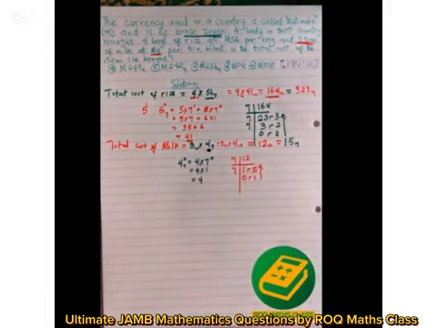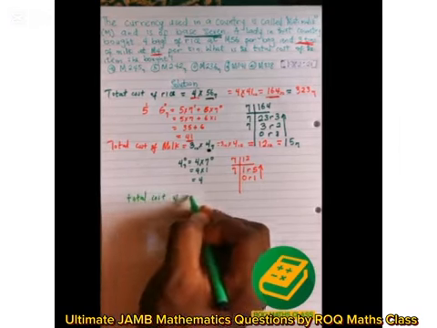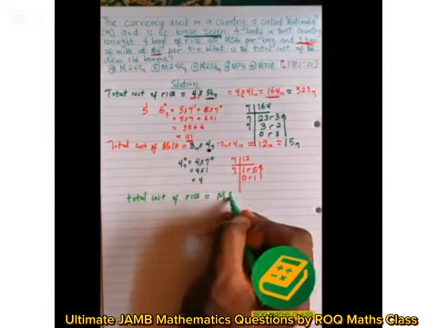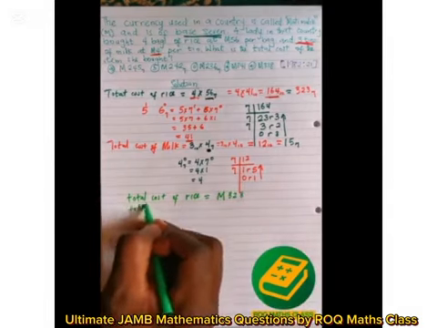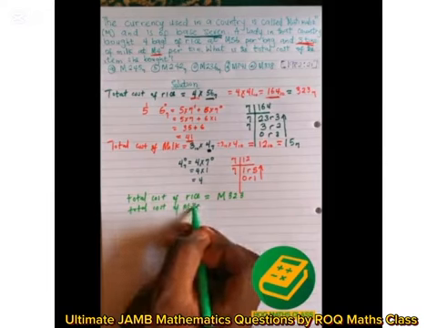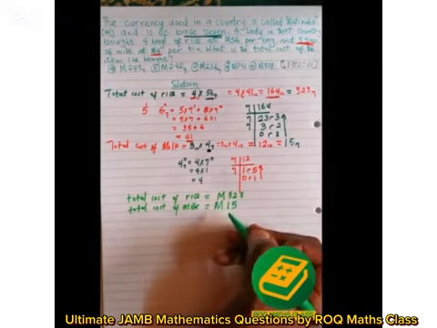So as you can see now, let me write it out. The total cost of rice is equal to 3, 2, 3 Mathematics, and the total cost of milk is equal to 15 Mathematics, because the Mathematics is in base 7.